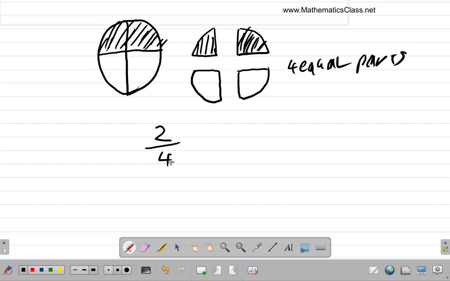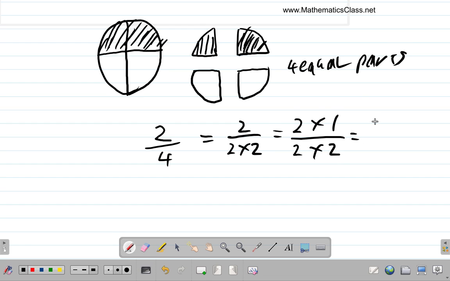But then, what is 4? 4 is 2 multiplied by 2. So that is the same as 2 times 1 over 2 times 2. If you separate this into 2 divided by 2 times 1 divided by 2, 2 cancels 2.